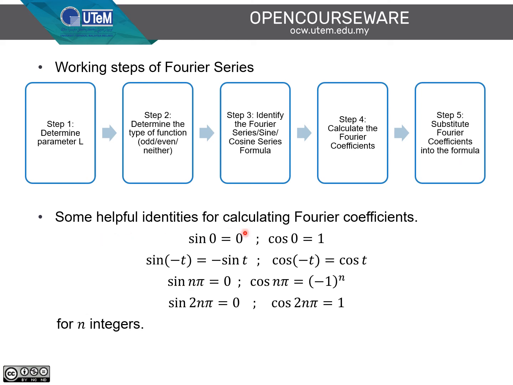Some helpful identities for calculating the Fourier coefficients. We know that sine 0 is equal to 0 and cos 0 is equal to 1. Since the sine function is an odd function, therefore sine minus t equals minus sine t. Cosine function is an even function, therefore cos minus t is equal to cos t.